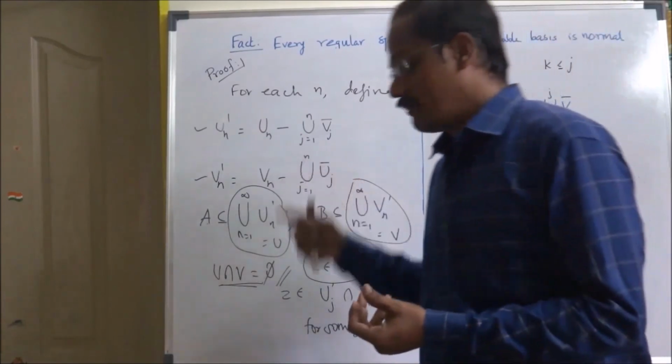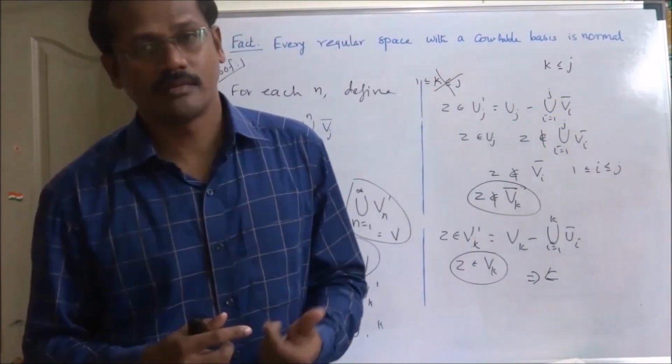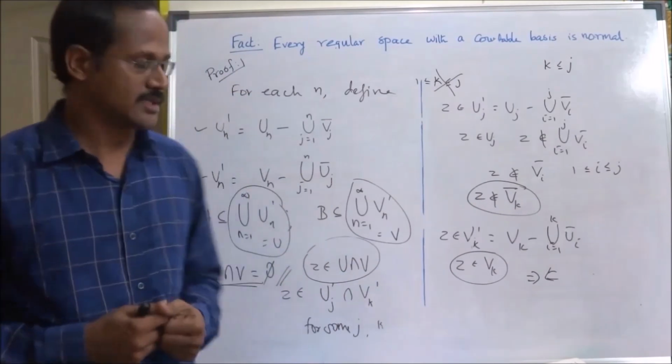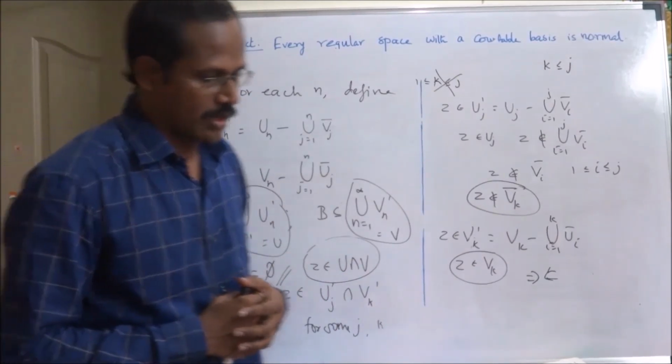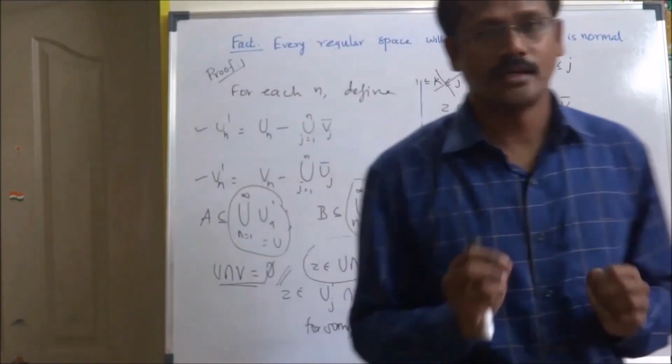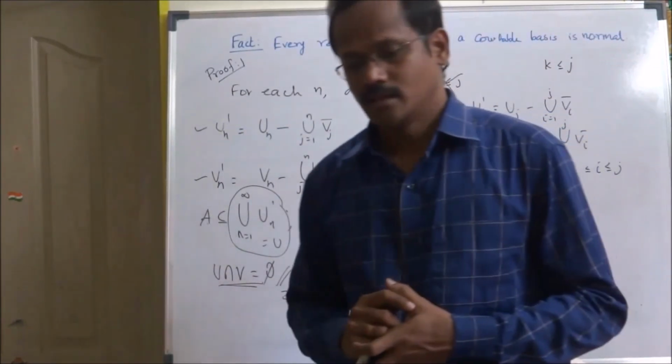Now we have proved that every pair of disjoint closed sets can be separated by disjoint open sets. Therefore, your space becomes a normal space. I hope you understand this small result. So thank you.